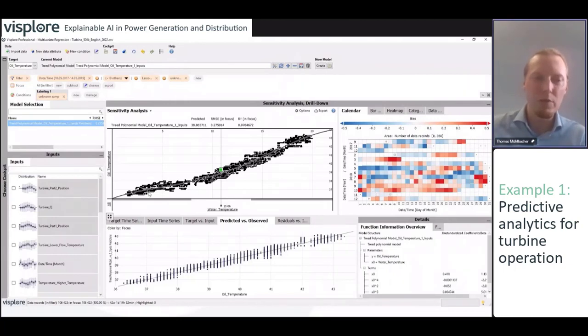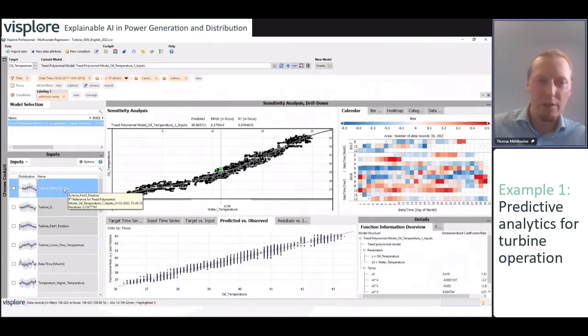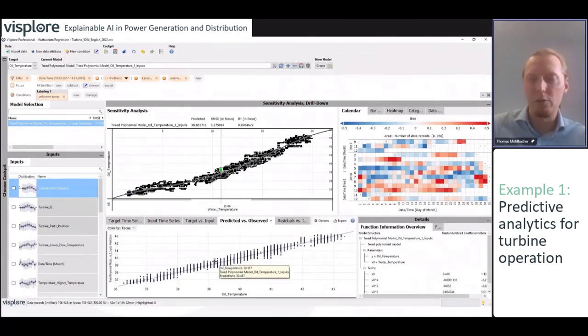And for this purpose, this list on the left here has updated now to help us find features that can explain the remaining variance. And now you see top ranking, for example, is a feature here called turbine part 2 position.